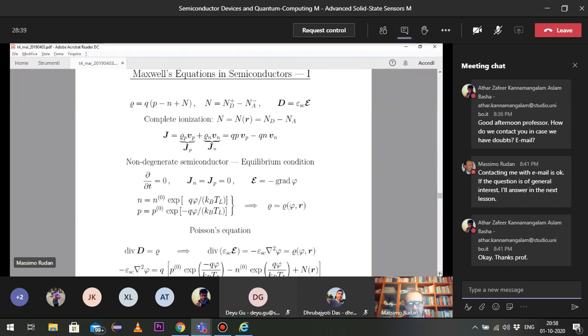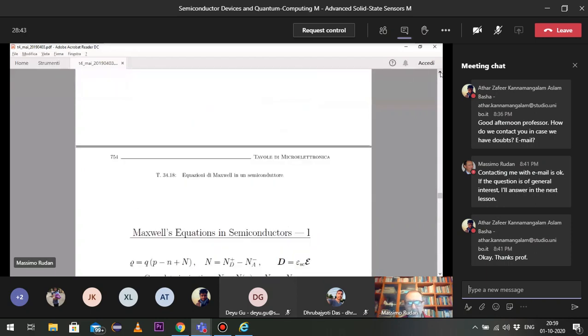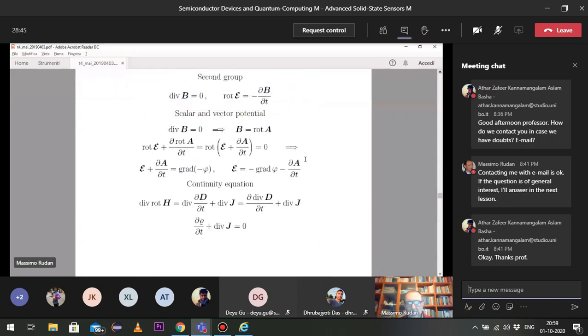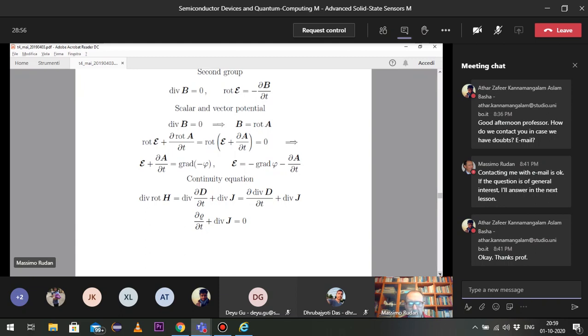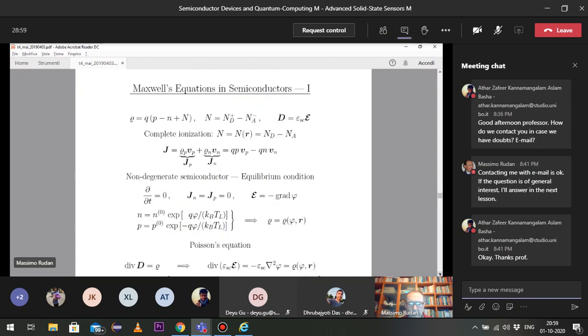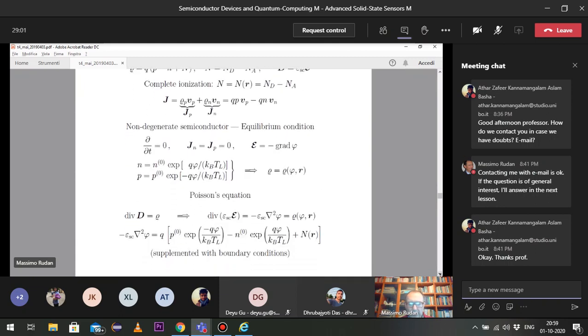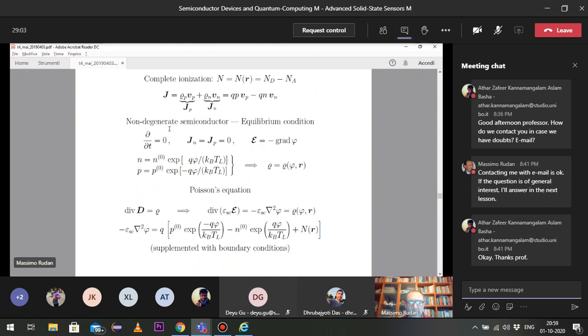And also the general relation that expresses the electric field, that is electric field equal to minus gradient of phi minus dA/dt, reduces to E equal to minus gradient of phi because the time derivative is 0, okay? So in equilibrium, we have a sort of strong simplification of the relations.